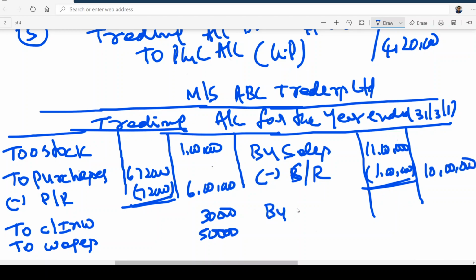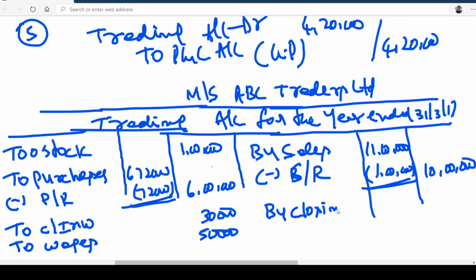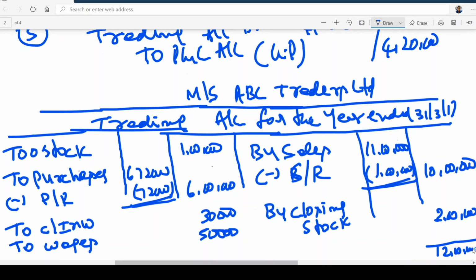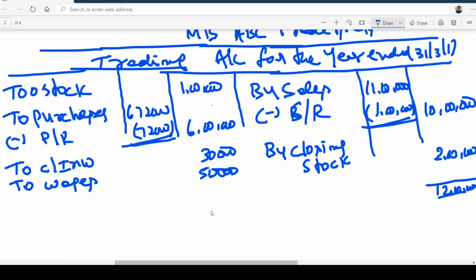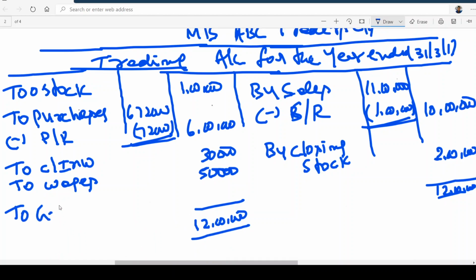Then by closing stock, what is your closing stock? Tell me. 2 lakhs given. Now you can see the answer. Twelve lakhs, and you are writing to gross profit carried down. Already we got 4 lakhs 20,000 now.